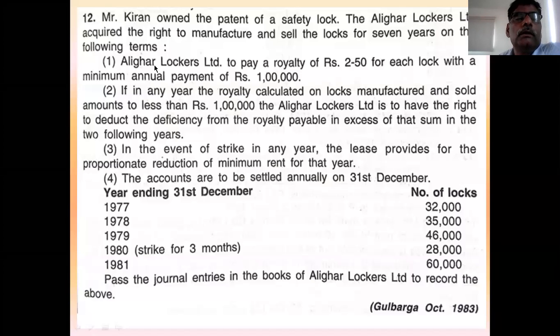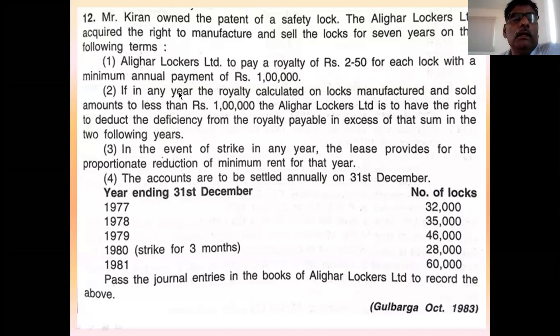In the first point, Aligarh Lockers Limited pays royalty of rupees 2.50 for each lock with a minimum annual rent of rupees 1 lakh. Rate of royalty is rupees 2.50 per lock and minimum rent is 1 lakh. Two points completed.